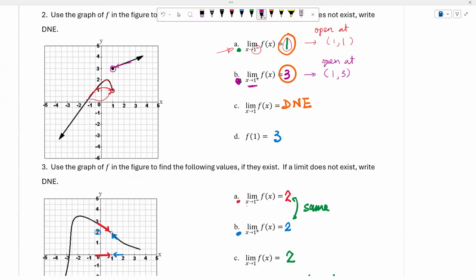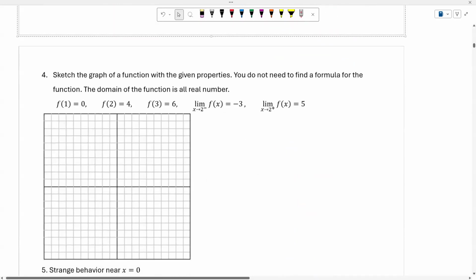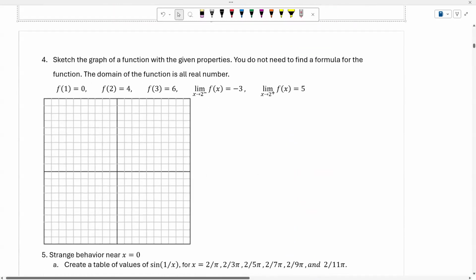And then f of 1 equal to 3 means that you have a solid dot at the point 1, 3. So this is the idea. Now try to see if you could use this idea to help you graph number 4.